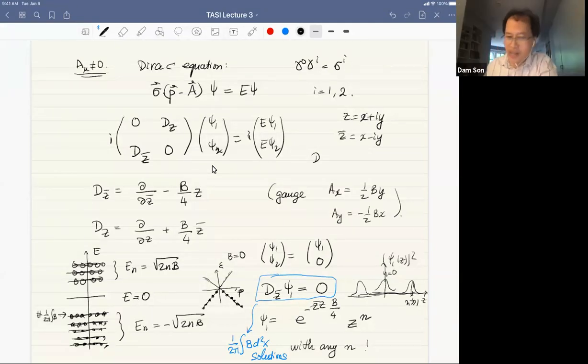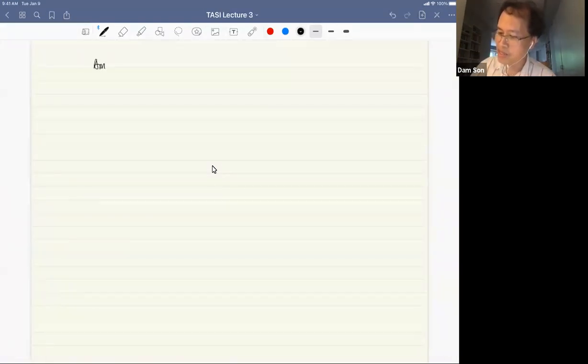The question is now, what do we do with this state? There is no a priori good prescription to do that. In fact, if we just follow the textbook quantization procedure, we would have an ambiguity.